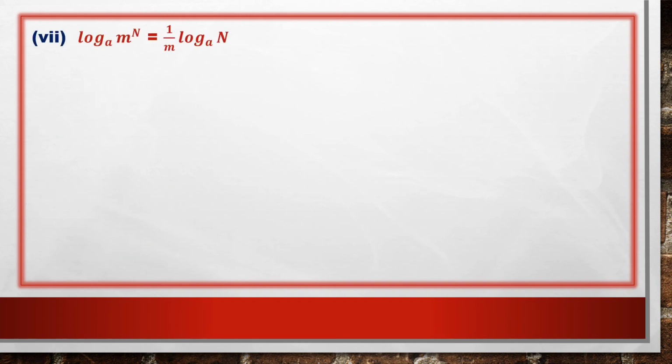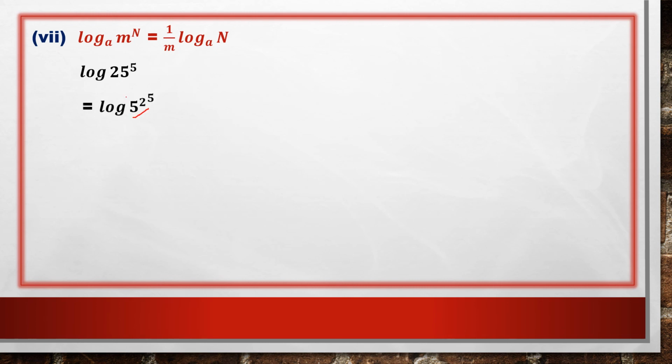Here is your next property, log n base m base a. Whatever is in between, that one you should write as reciprocal, and the other things, if the base and the power are different, you should write them as it is. Let me take an example, log 25 power 5 or log 5 base 25. Let us solve this. 25 I can write as 5 square.